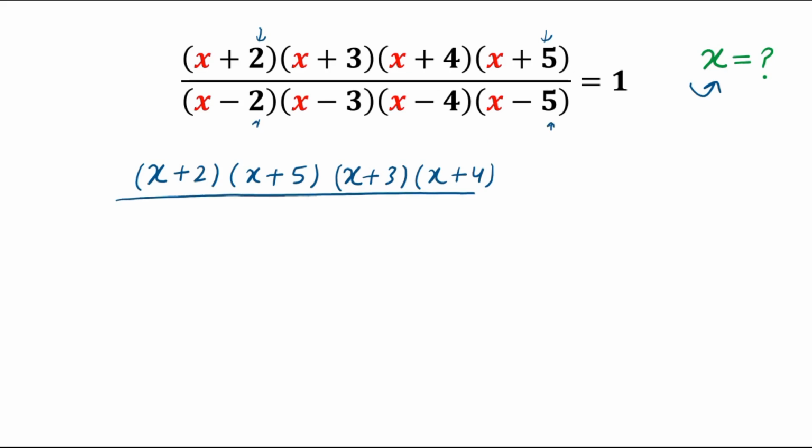So divide by x minus 2 is multiplied by x minus 5, and this x minus 3 is multiplied by this x minus 4. x minus 3 is multiplied by x minus 4, and this is equal to 1.